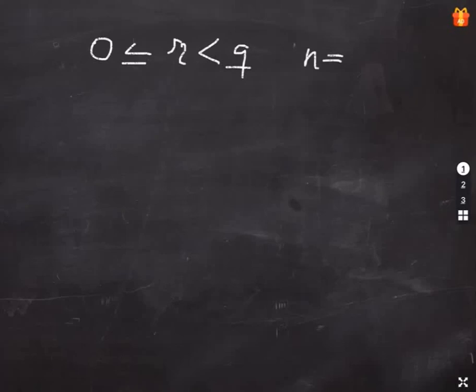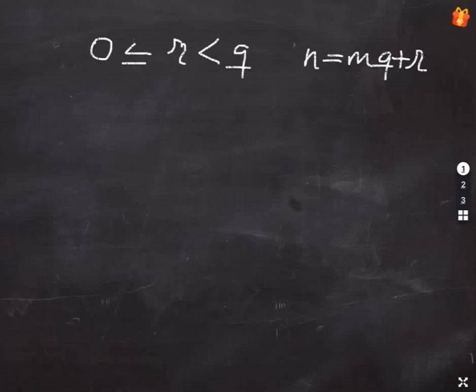Another interesting proposition is the Euclidean algorithm. Consider that you have a natural number n, and q is a positive number. Then there exist natural numbers m and r such that r is greater than or equal to 0, and r is strictly smaller than q, and n is equal to m times q plus r.